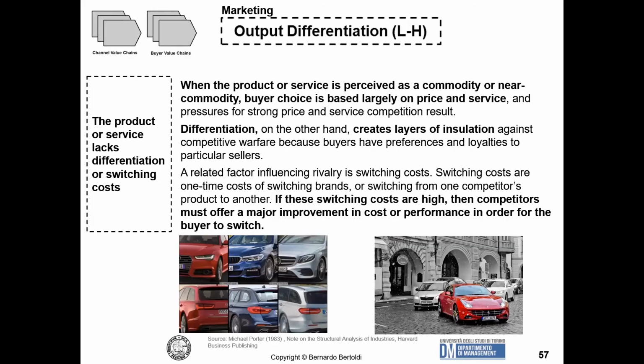industry structure. And then we have output differentiation. Output differentiation means that your product is or is not different from your competitor's. When there is no differentiation, the product becomes a commodity, and so you have to play on pricing or service. If your product is very different, you create insulation from others.